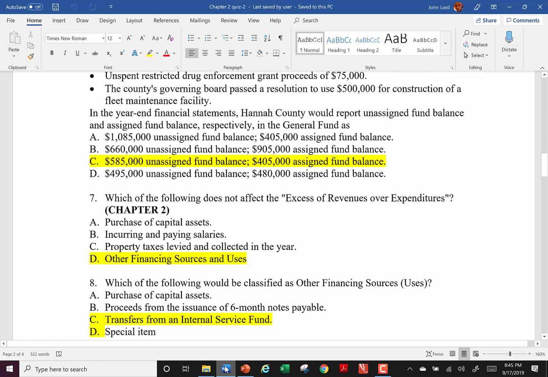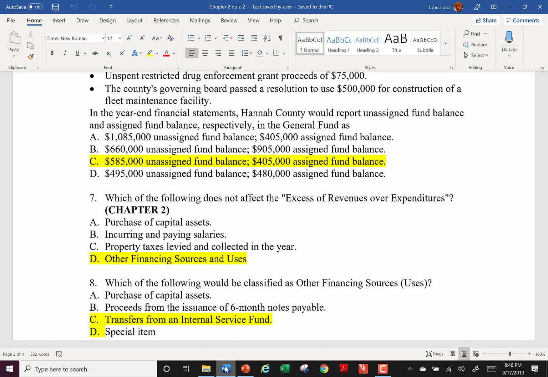Which of the following does not affect the excess of revenues over expenditures? Well, purchase of capital assets is going to be treated as what? Good. Purchase of capital asset is an expenditure. Revenue minus expenditure is the excess of revenue over expenditures, isn't it? Number two, incurring and paying salaries, that's an expenditure, so it is going to affect the excess of revenue over expenditures.